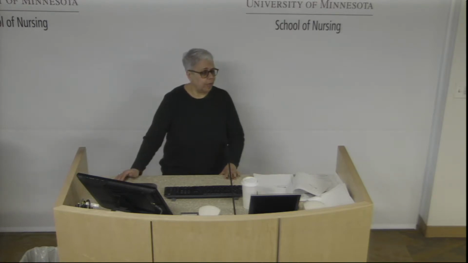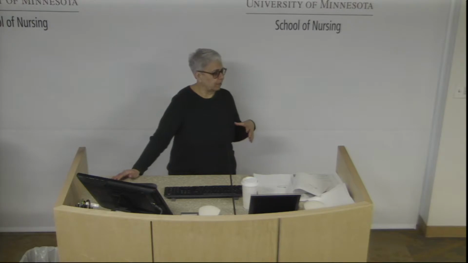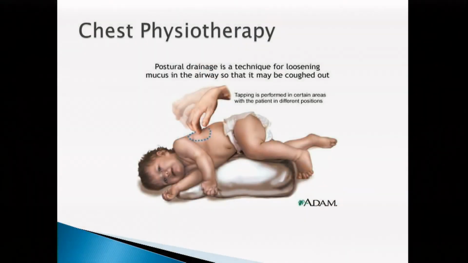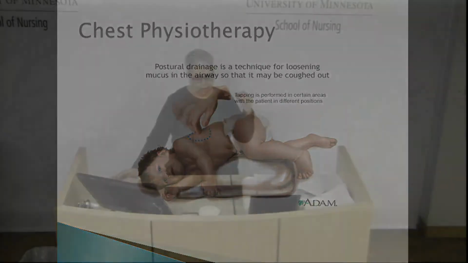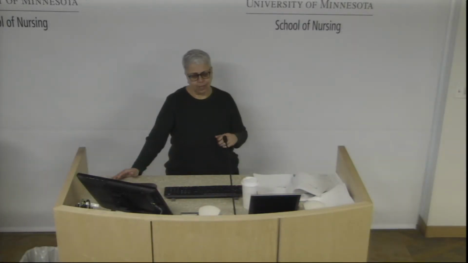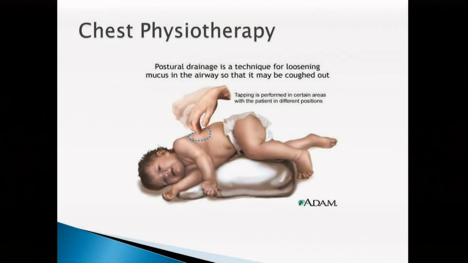Chest physiotherapy is a way to assist a child with cystic fibrosis to help clear secretions. Basically it relies on percussion and positioning to help the secretions, by gravity and by vibration, move up in the airway.